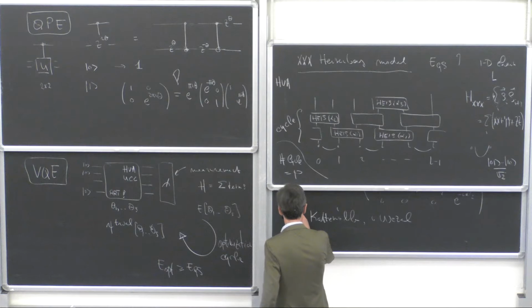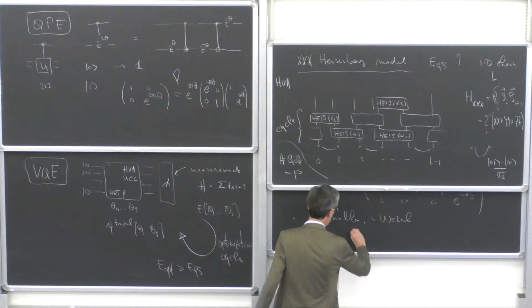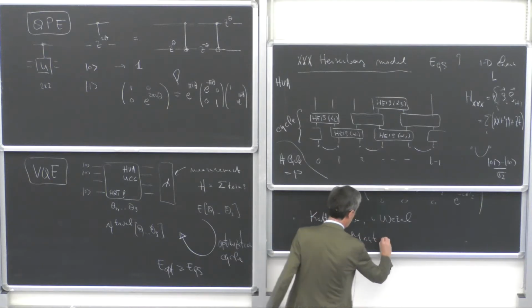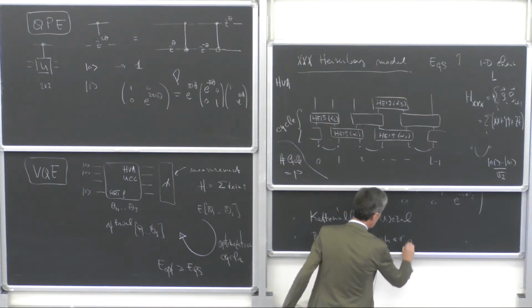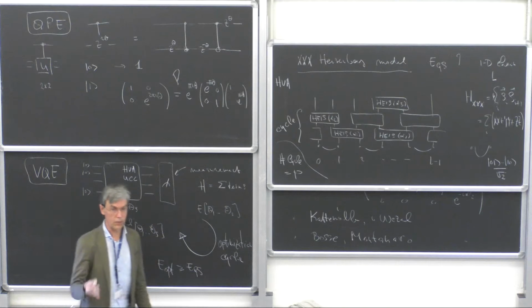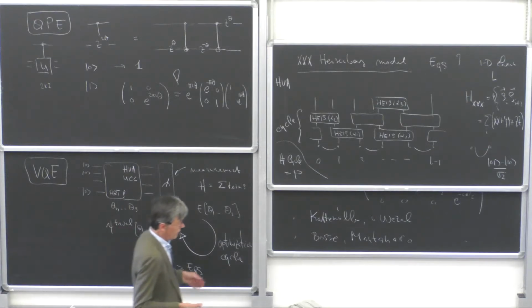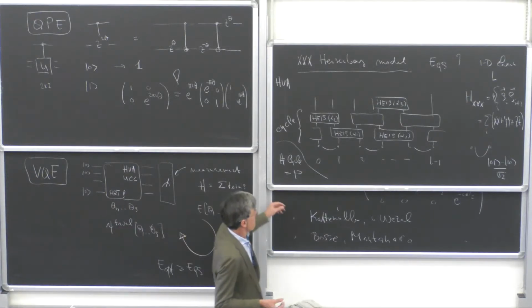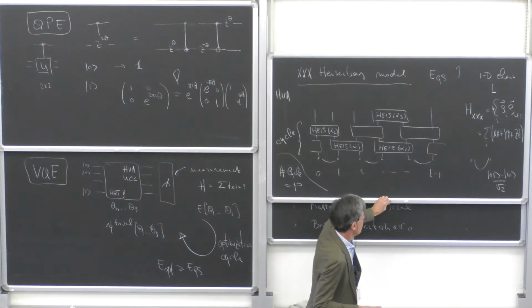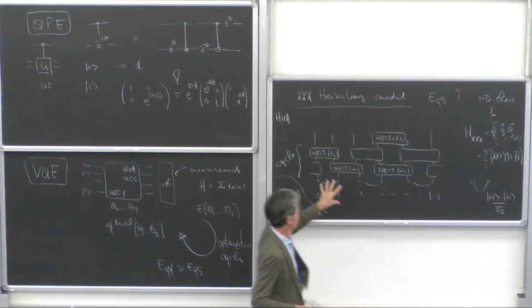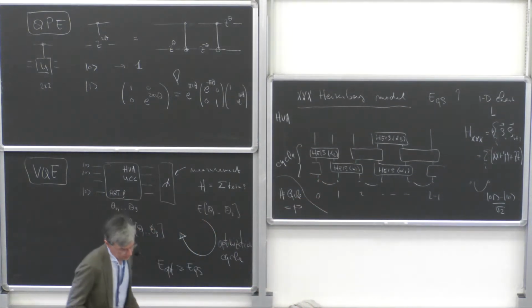Actually, independently, there was another paper by Bosse and Montanaro with essentially the same proposal: let's do VQE for XXX on the Kagome. That sounds like a wonderful problem to attack using quantum computing resources. So there are these two papers, and they make this very nice story. But let me postpone this Kagome story and give you a bit more of this here.